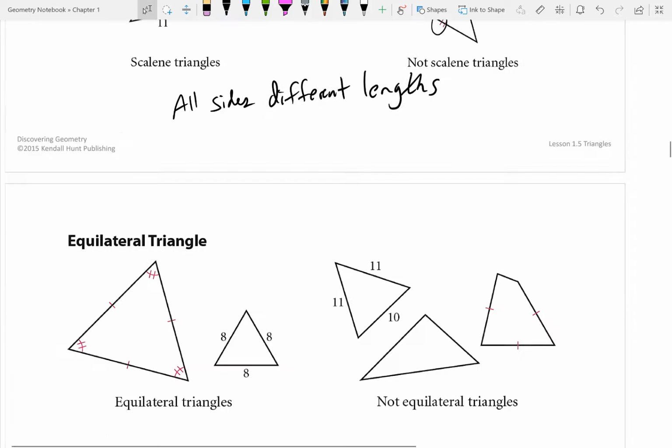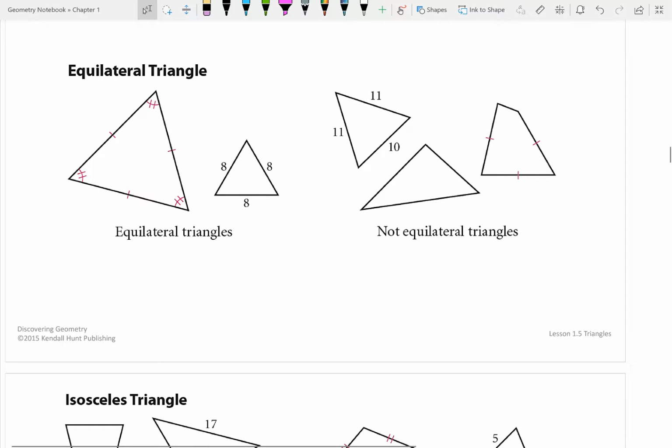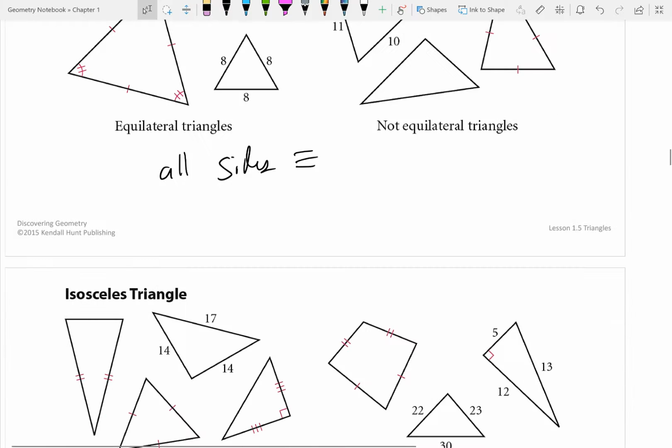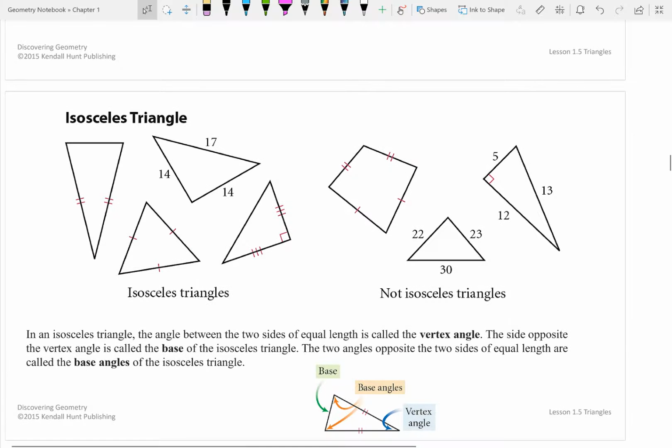All sides are different lengths. Equilateral triangles, all sides are congruent. So all sides are congruent.